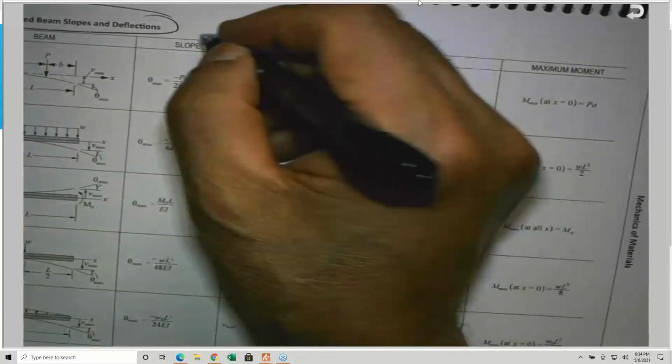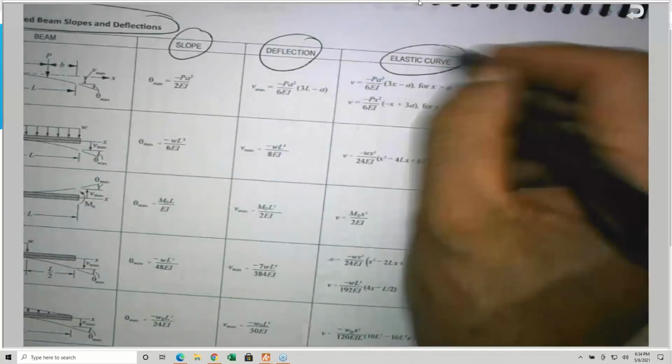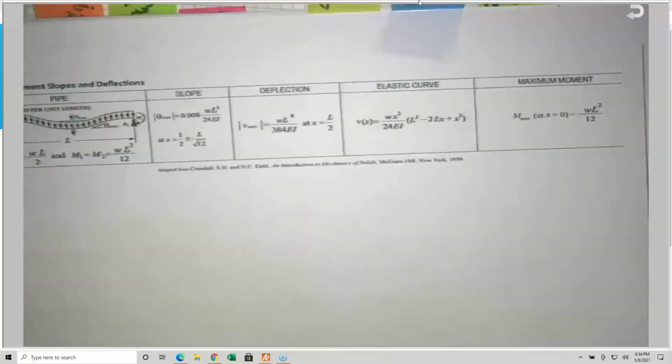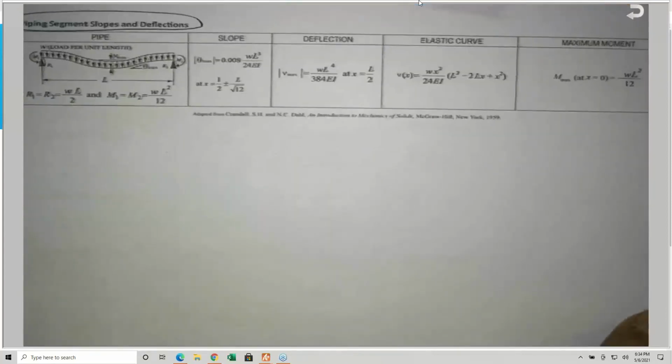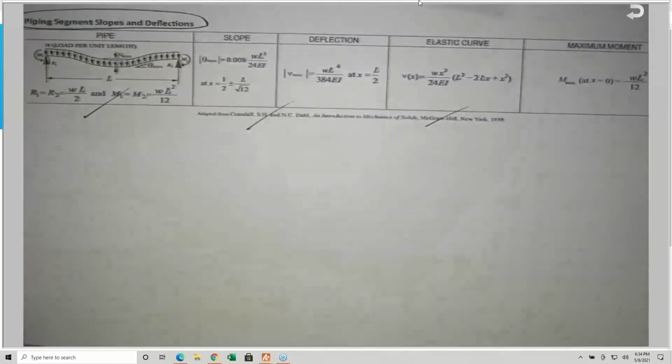So for all these cases, they are giving again slope, deflection, elastic curve, and the maximum bending moment. And they ended with the general case. If you have it, basically it must match exactly. These equations are given in the textbooks, but nobody will ask you to derive them. We can derive all these equations.